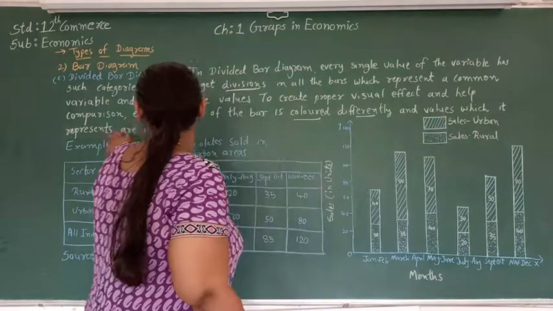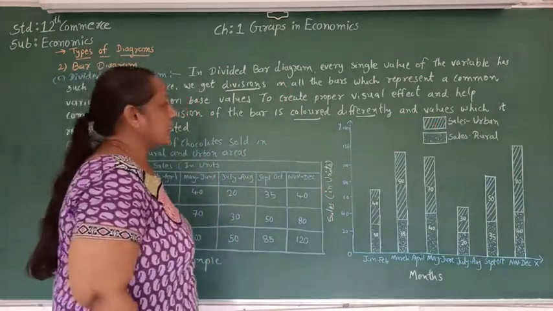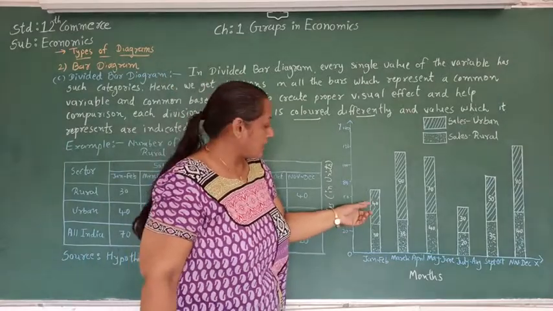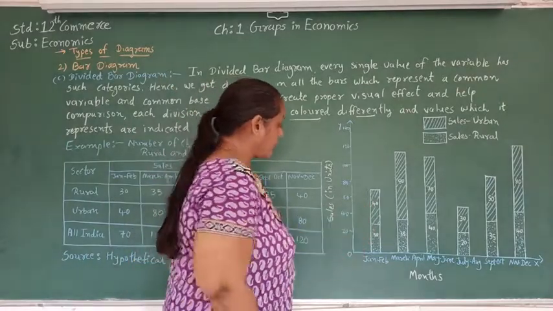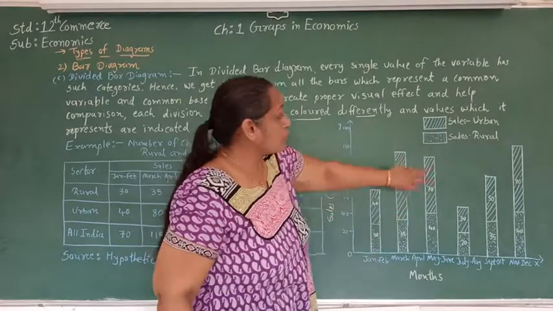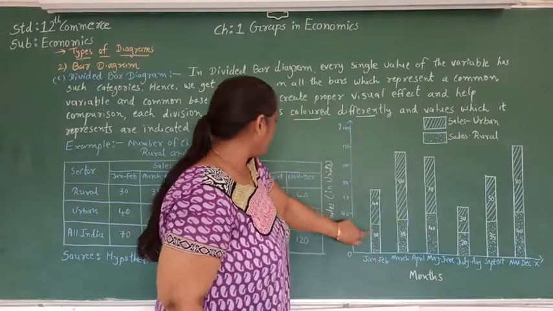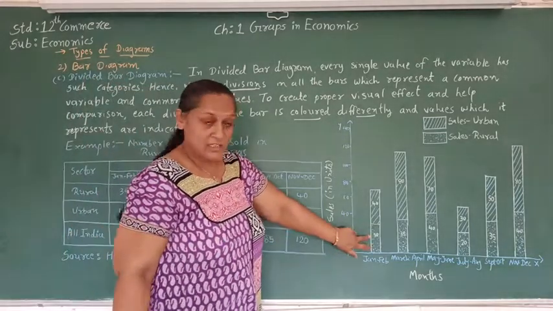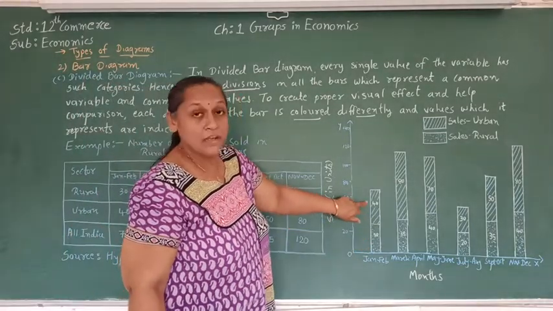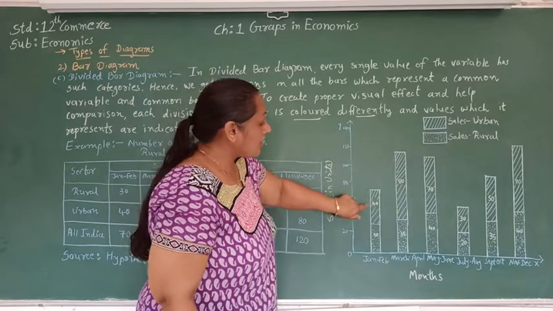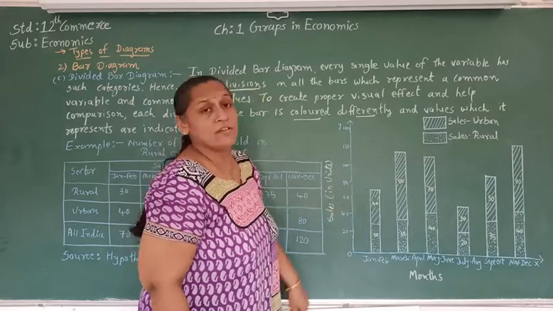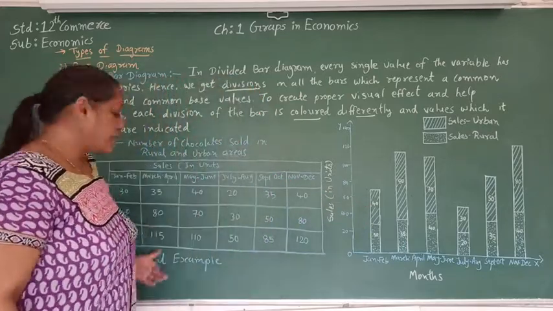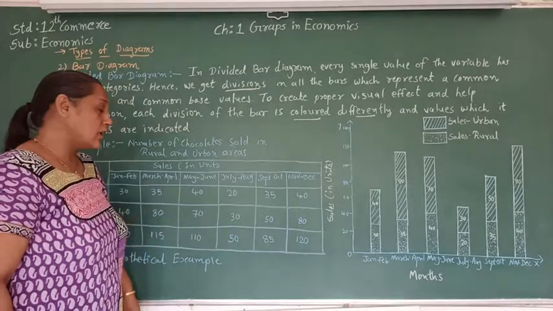The values which they represent are also indicated. Here we can see that for January February in the rural area 30 units of chocolate are sold, and for the urban area it is 40 units. So the value of each division is also mentioned in the bar.